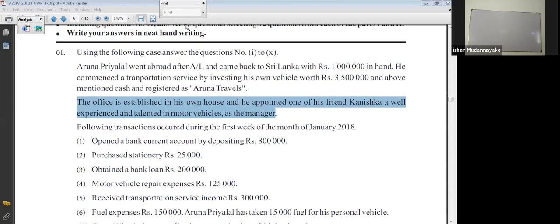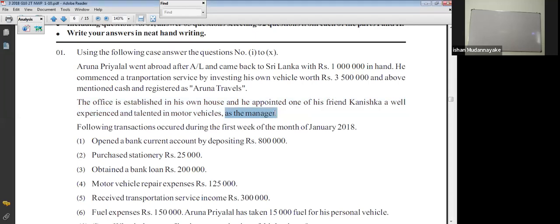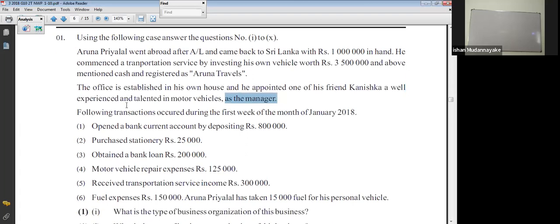Then one of the strengths for the business: he appointed Kanishka as the manager of the business organization.